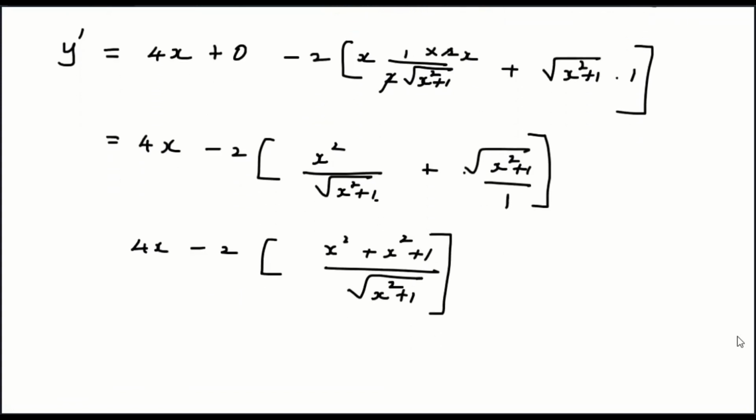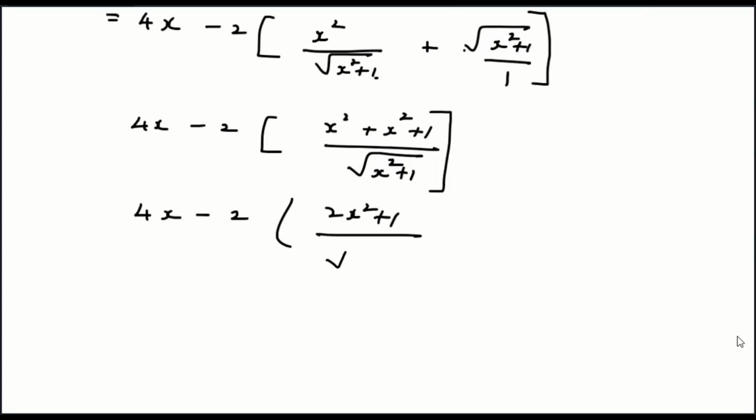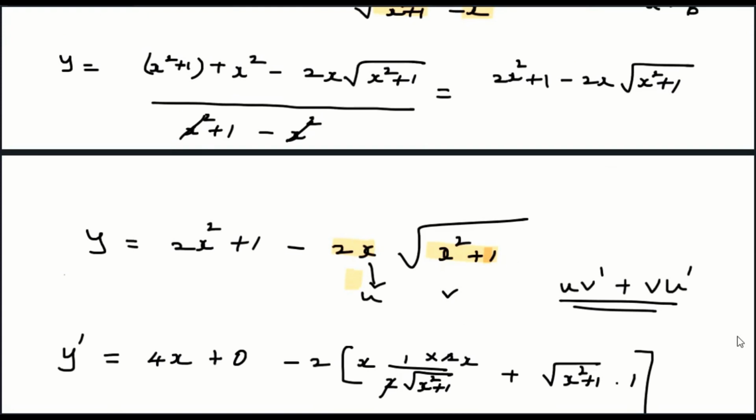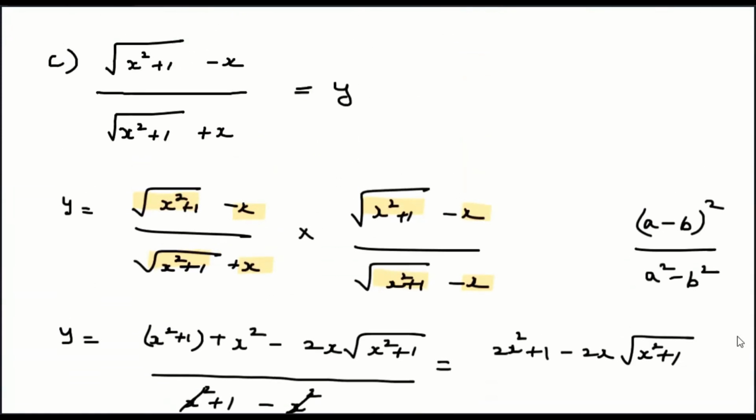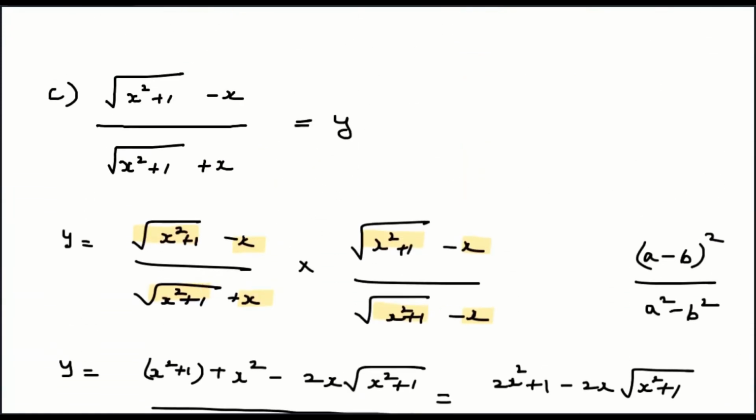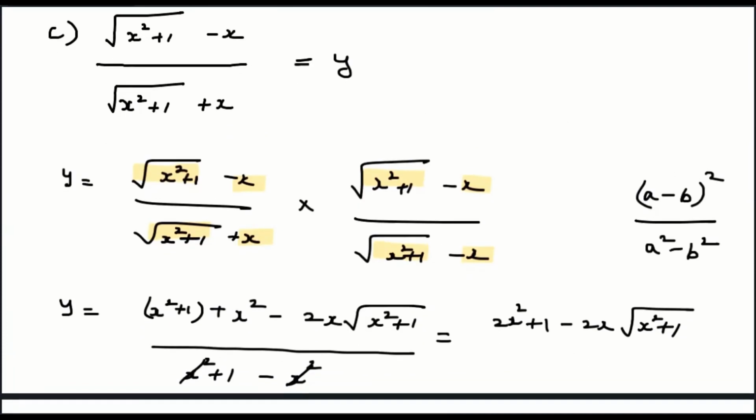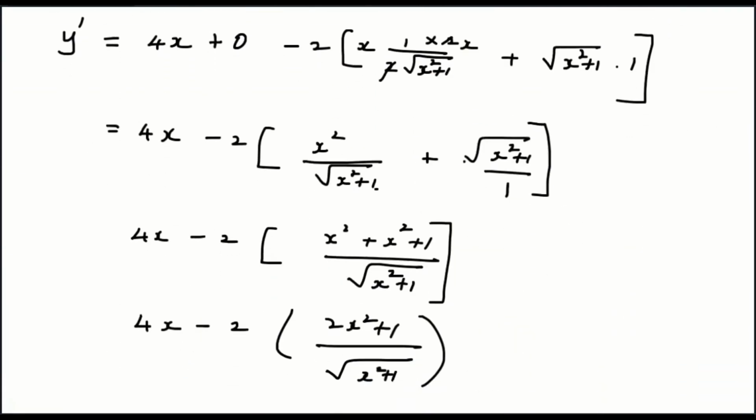So I get it as 4x minus 2 into 2x square plus 1 by root over x square plus 1. So if you conjugate and rationalize the denominator, you will get it in the simplified form whereby differentiation becomes easier.